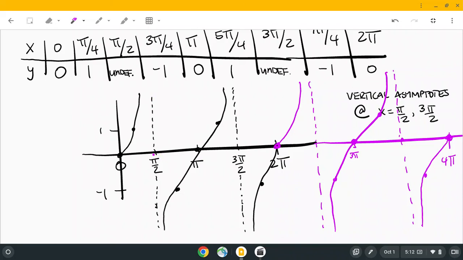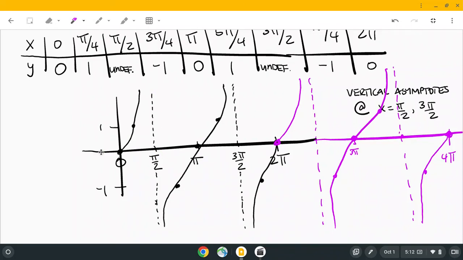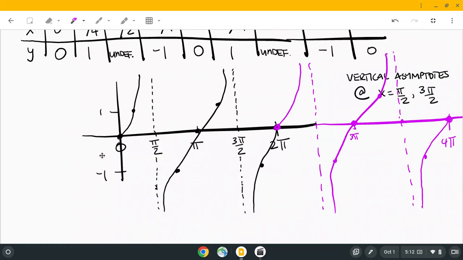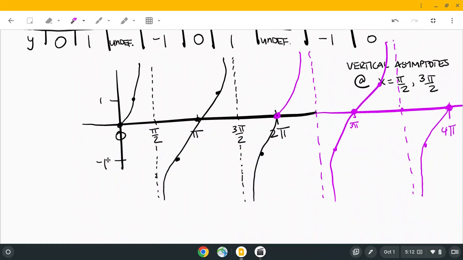So the period for tangent is actually going to be pi. Remember, the period is where we look for when it starts to repeat itself. If we look at only this piece and this piece, these two pieces right here, ignore this, only from here, this bottom part and this top part start to repeat starting right here.